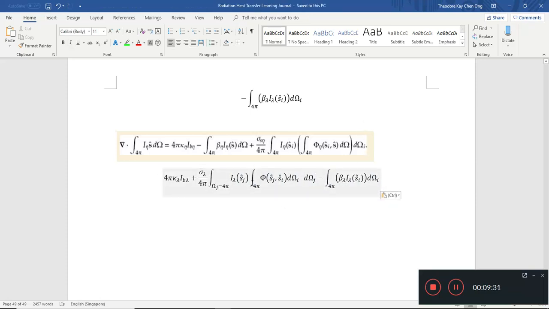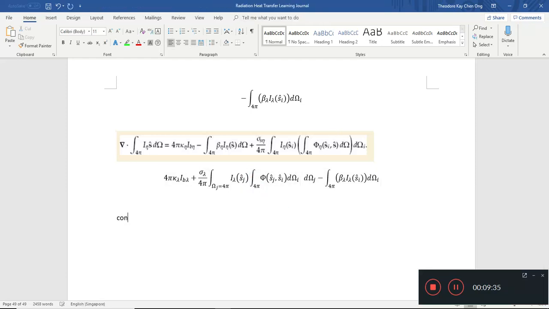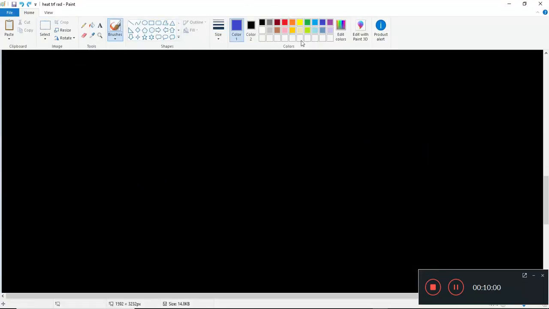Okay, so what we can do is consider this term, the phase function term. If we remember correctly, we are integrating the scattering fraction from all other angles into a specific direction I. Remember the definition of the phase function?